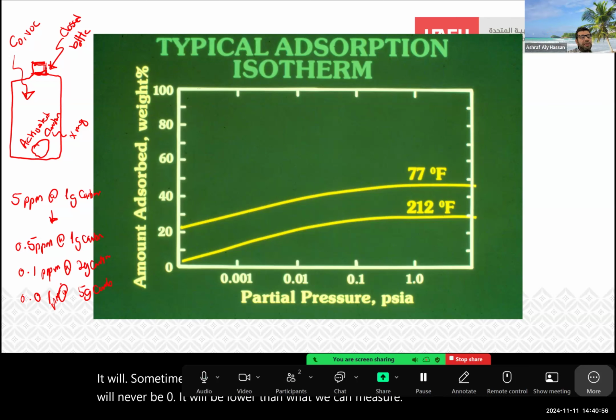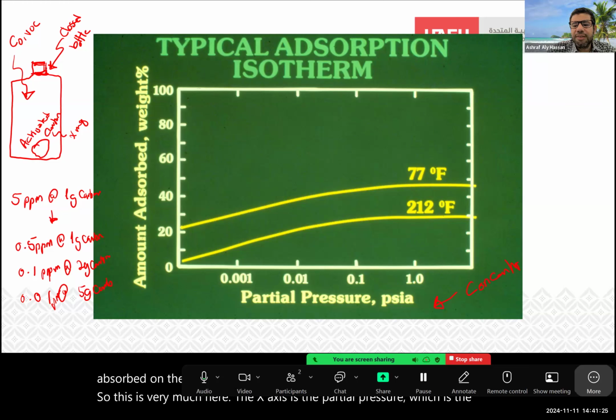So this is what I'm describing to you, and that's called an isotherm. It's a description of the behavior between how much stays in the gas after steady state and how much is adsorbed on the carbon. Here, the x-axis is the partial pressure, which is the concentration.